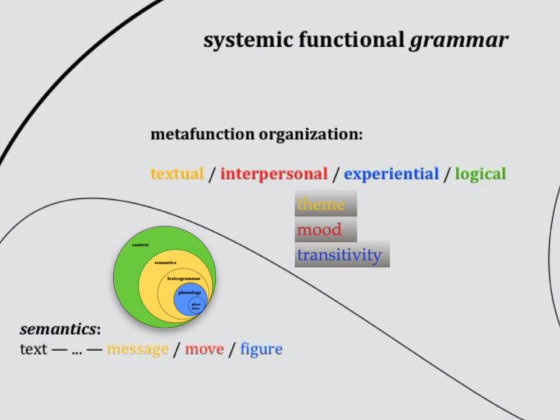That means that we also look at text in these functional terms, and the units in the text that the clause realizes, expresses, the meanings that it constructs as wordings, can be differentiated, again functionally. So textually as message, interpersonally as move, and experientially as figure. And then logically, the logical semantic relations are used to combine clauses. Again, this is just a preview of coming attractions.